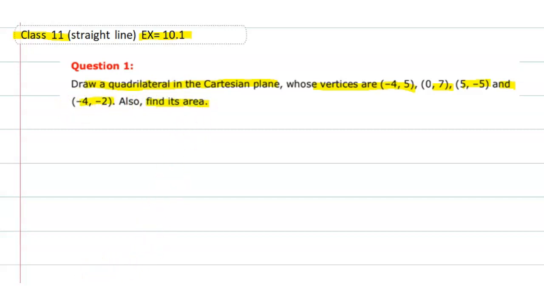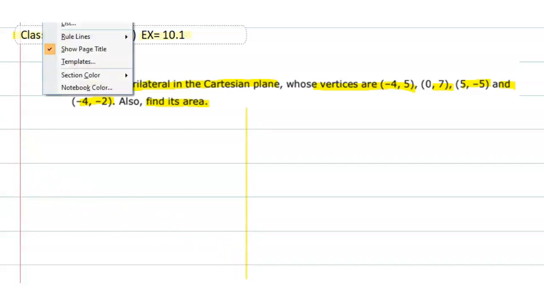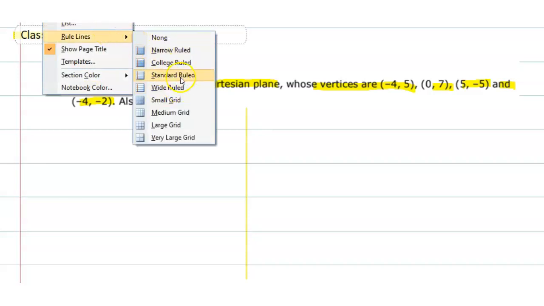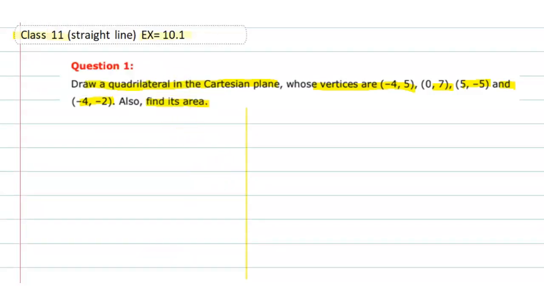So first we will draw the x-axis and y-axis. This is the x-axis, x dash, and this one is the y-axis, y dash. Here is the point (-4, 5), and the largest y value is 7.